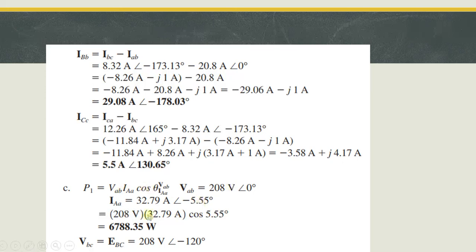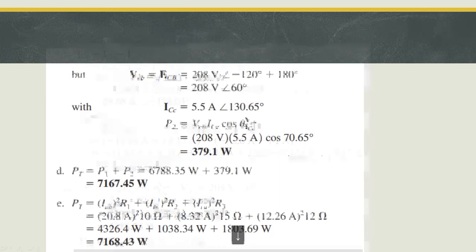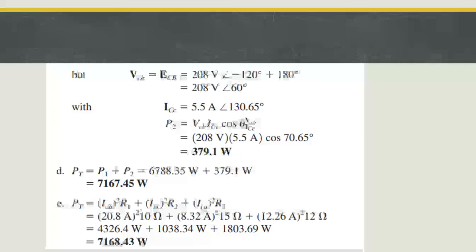The power measured by wattmeter P1 is 6788.35 watts. For the next wattmeter reading, the answer is 379.1 watts. Therefore the total power consumed, measured by these two wattmeters, is P1 plus P2, equal to 7167.45 watts.